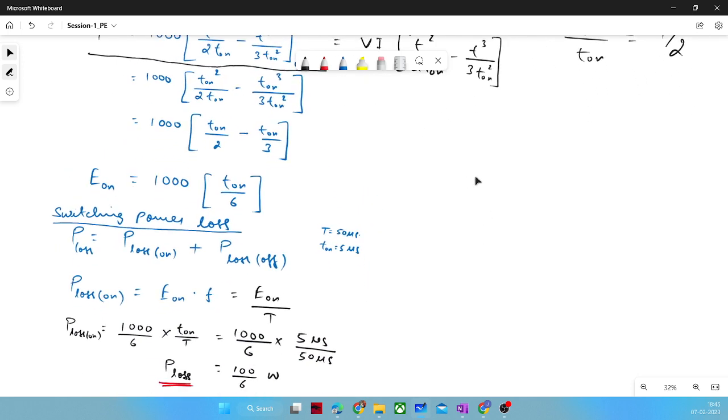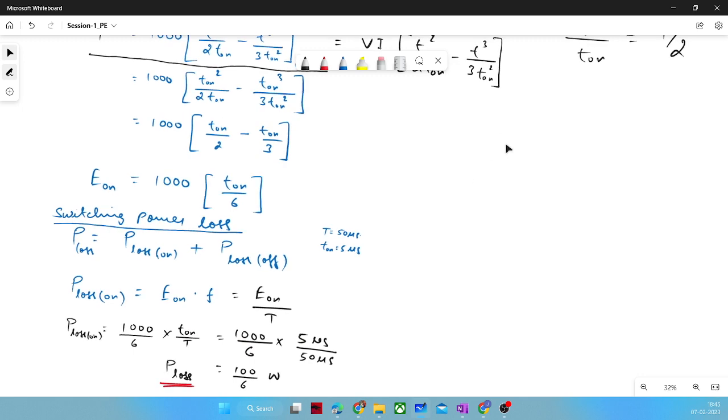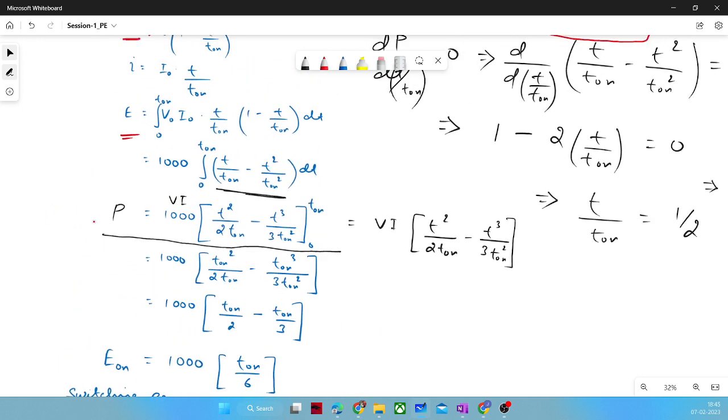So to find out that peak instantaneous power, I restricted myself at this step and I differentiated this expression with respect to t by t on, and I got that point t by t on is equal to half. And then I plugged in that value of t by t on is equal to half in this expression, and I got peak instantaneous power.